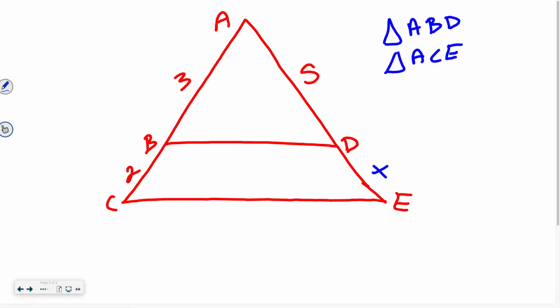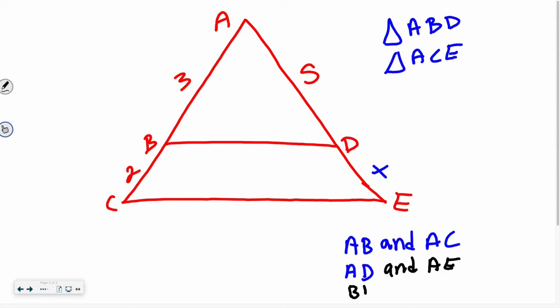The corresponding sides are AB and AC, as well as AD and AE, and lastly, BD with CE, okay? Those are my corresponding sides.